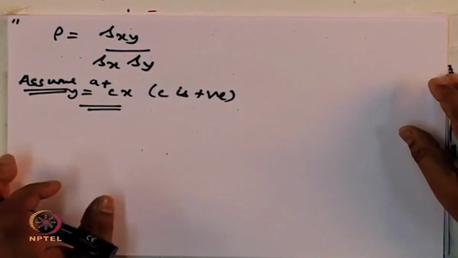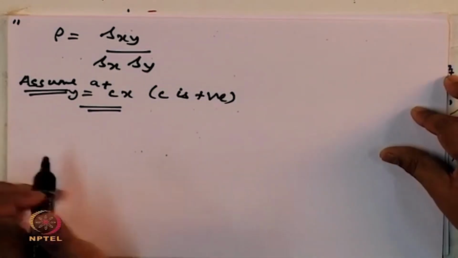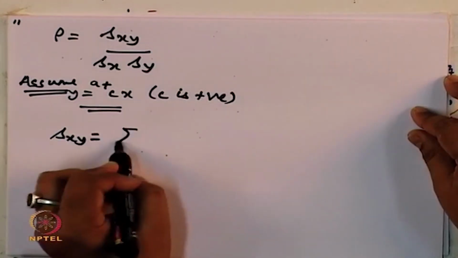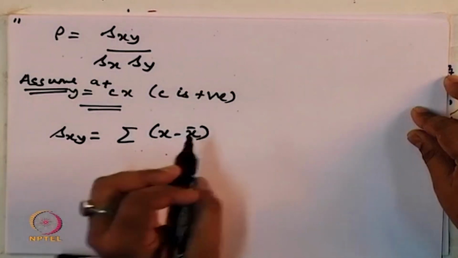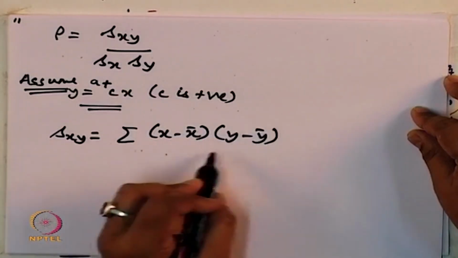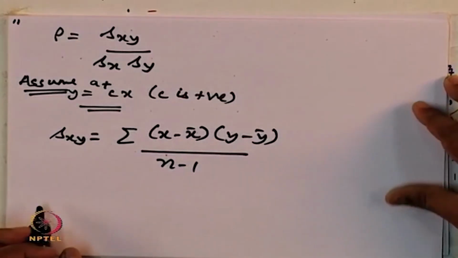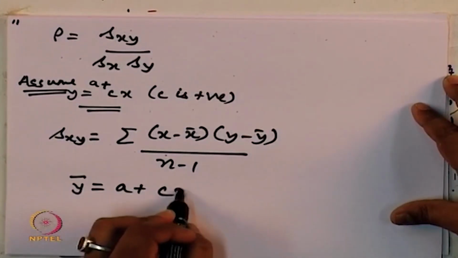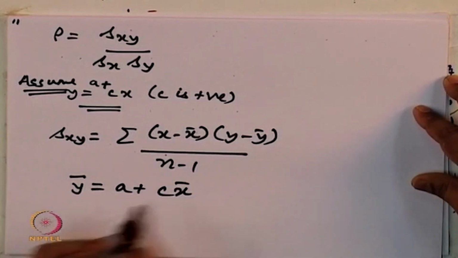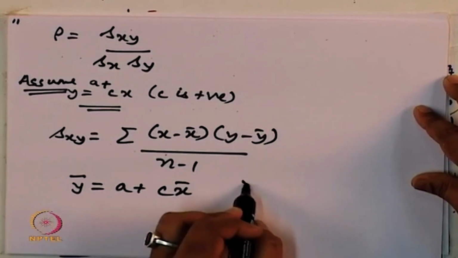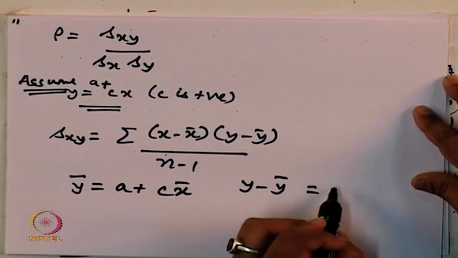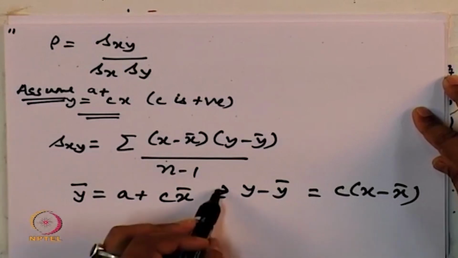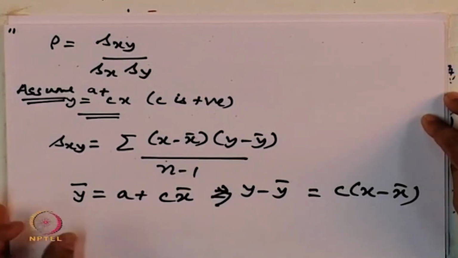If y is equal to A plus Cx, then my Sxy is defined as summation of x minus x bar into y minus y bar by n minus 1. I know y bar has to be A plus C x bar. From previous classes we had derived this equation. So, y minus y bar is nothing but C of x minus x bar.